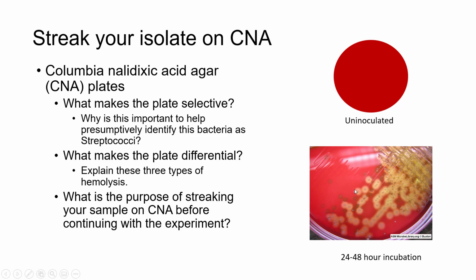The ones that have this bright clear space around them, almost like a glowing, but really it's a clearing, a lysis of the red blood cells in the agar, that is the beta hemolysis. And in this student training video, we're going to look at a sample that's beta hemolytic.